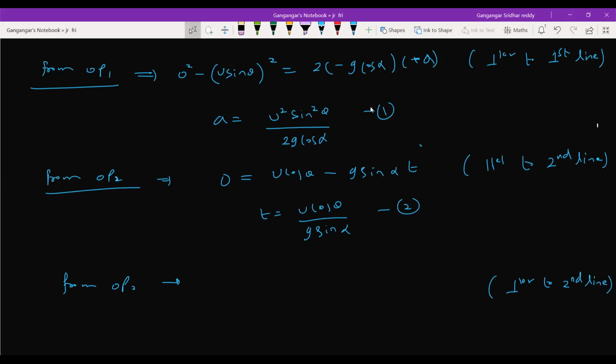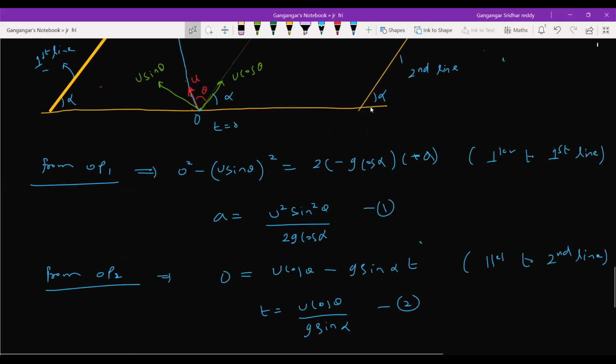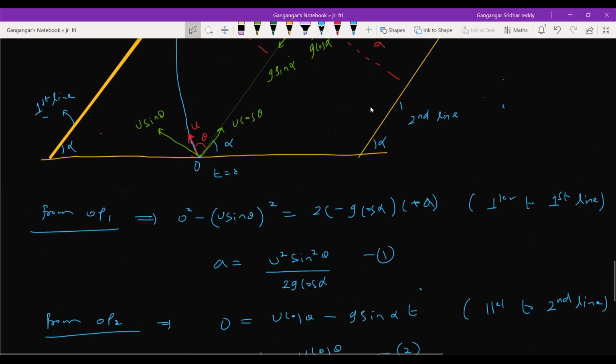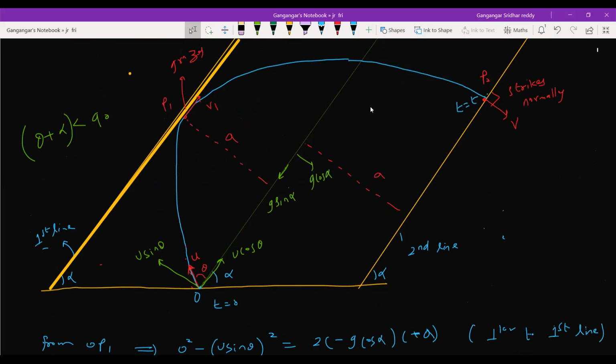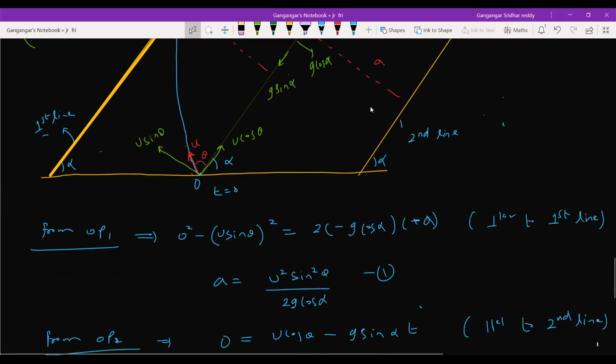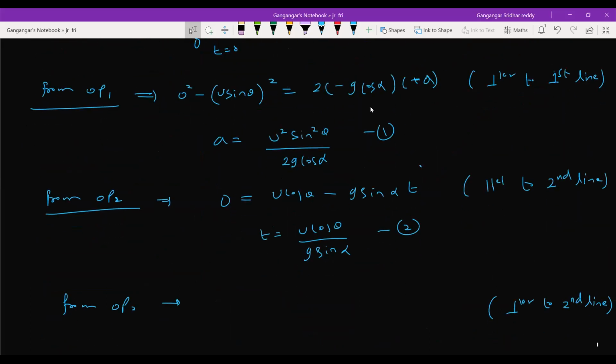See, v square minus u square equal to 2a formula. When it moves from O to P2, this is the initial, this is the final. Look at the displacement a. It is opposite to u sin theta. So I'll write the equation v square minus u square equal to 2a formula, or s equal to ut minus half at square, any of the formulas.